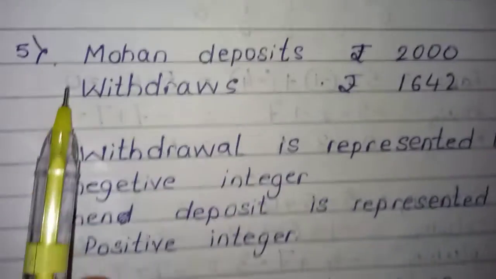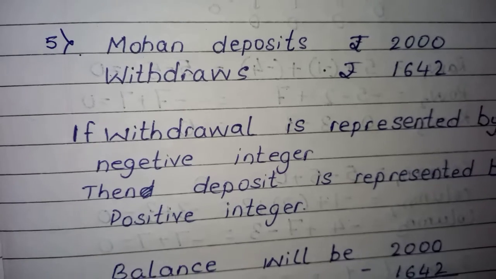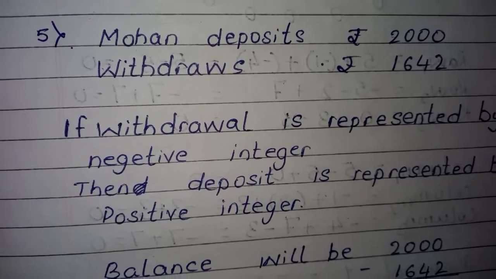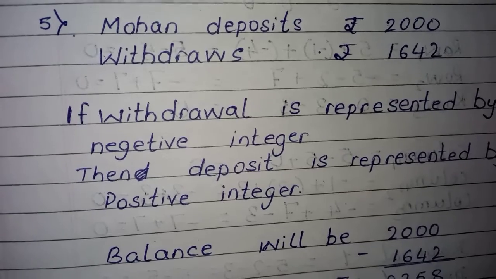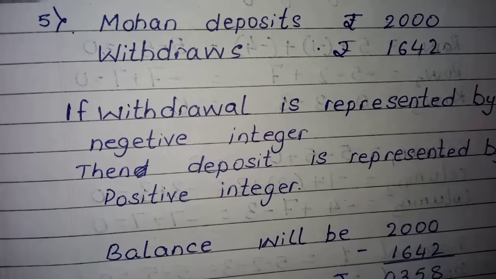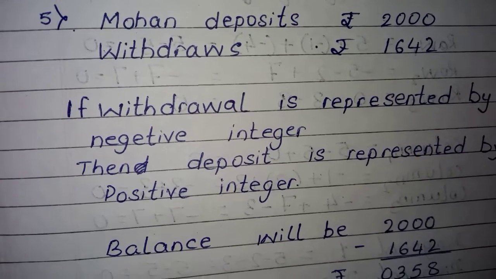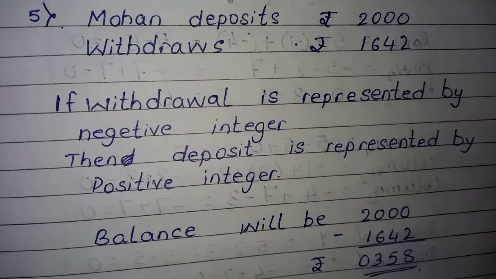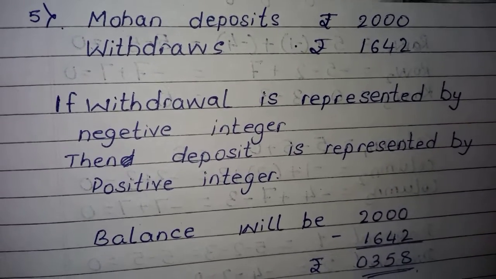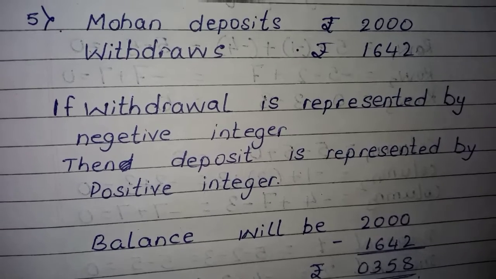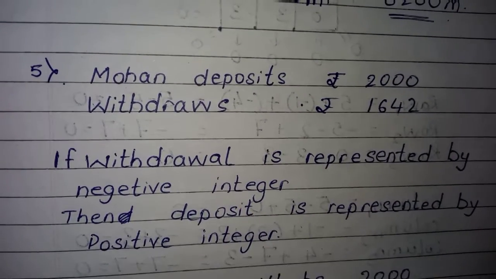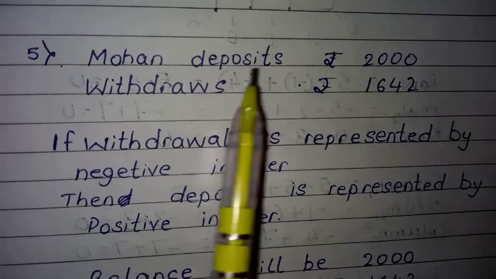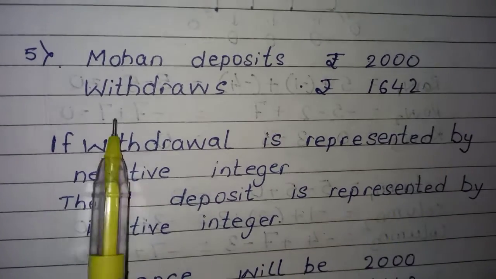Now the fifth question is a banking question. Mohan deposits rupees 2000 in his bank account and withdraws rupees 1642 from it the next day. If withdrawal of an amount from the account is represented by a negative integer, how will you represent the amount deposited? And also find the balance in Mohan's account after the withdrawal.